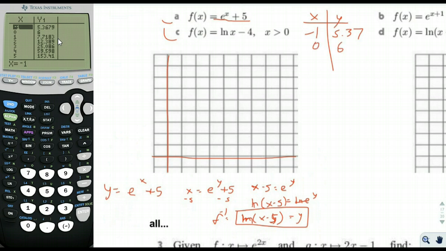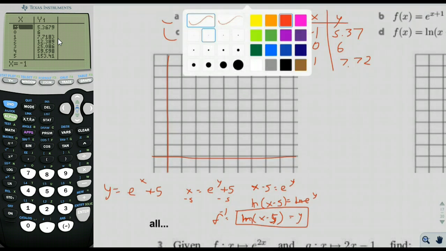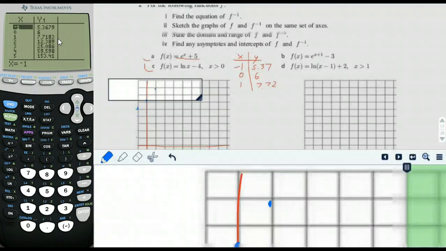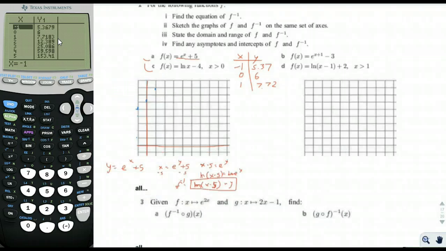And then 1 would give us 7.72. Okay? So if we were going to graph those, we would graph them here: negative 1 would give us about positive 5, 0 would give us 6, and then 1 would give us 7.72, something like that. Okay? All right.